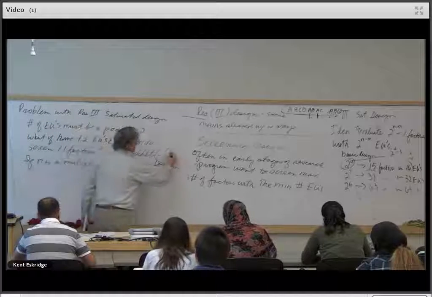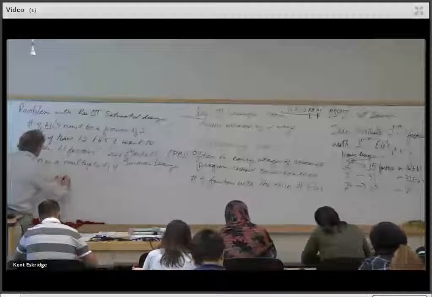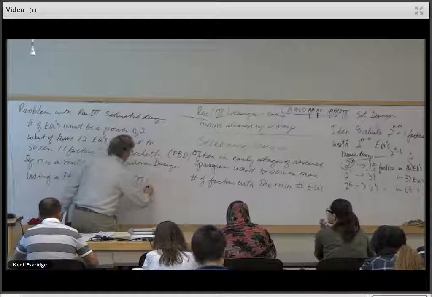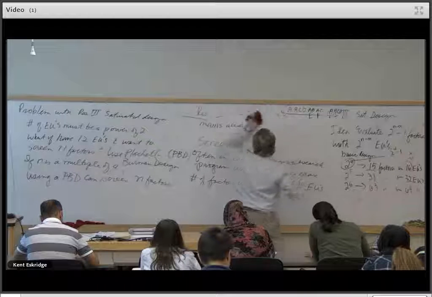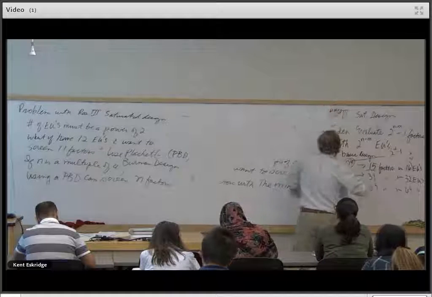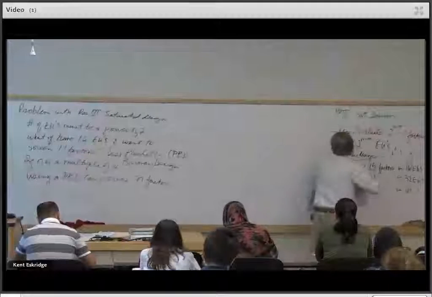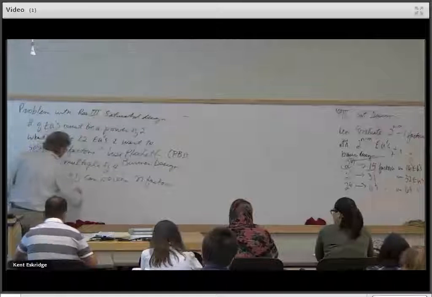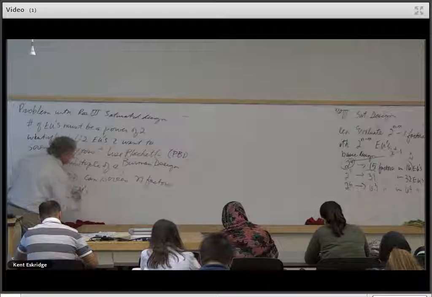Using a PBD, you can screen n factors in n-1 runs, or with n-1 experimental units.